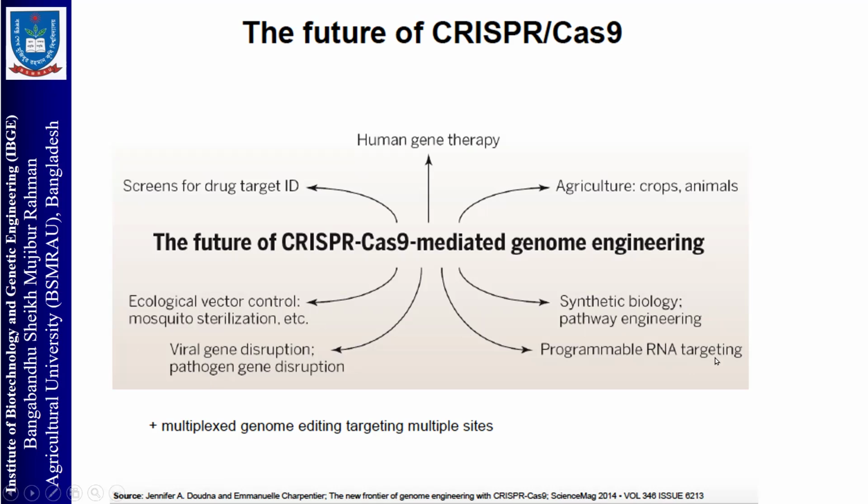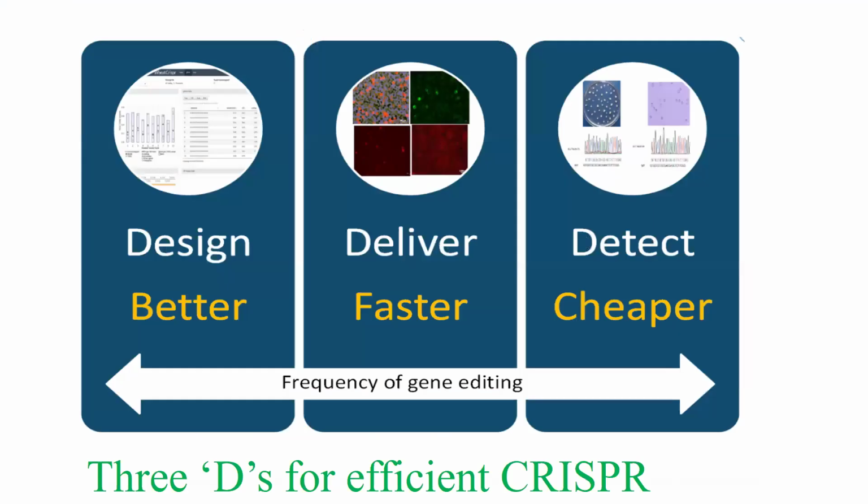And practically, the CRISPR-Cas system has hugely been used to do basic research, because by this method, you can precisely inactivate or silence a particular gene and confirm its function by developing the mutant. So in the case of CRISPR, first the job is design, and then the next job is delivery.